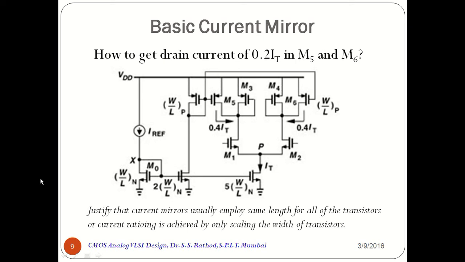The NMOS current sources must have the same channel lengths, because if drawn length is say doubled, then effective channel length, which is equal to drawn length minus twice of LD, is not. Furthermore, threshold voltage of short channel devices exhibits some dependencies on the channel length. Thus, current ratioing is achieved only by scaling the width of the transistors and not by the length.